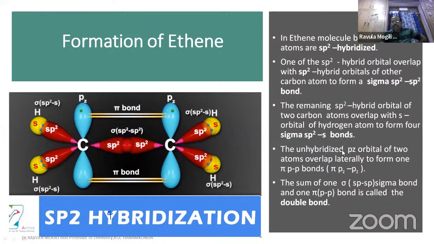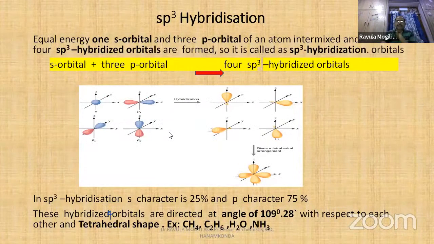The unhybridized pz orbitals of the two atoms overlap laterally to form 1 pi p-p bond, that is pi pz-pz. The sum of 1 sigma bond and 1 pi bond is called a double bond between two carbon atoms.